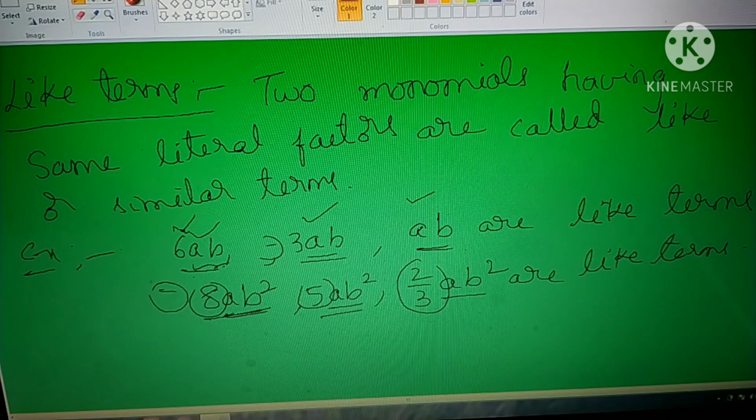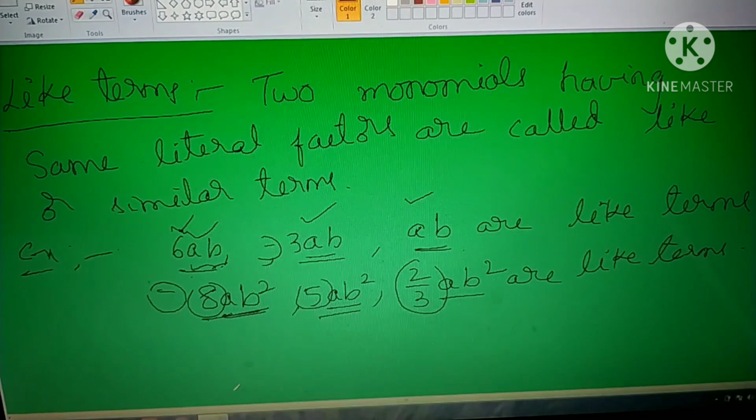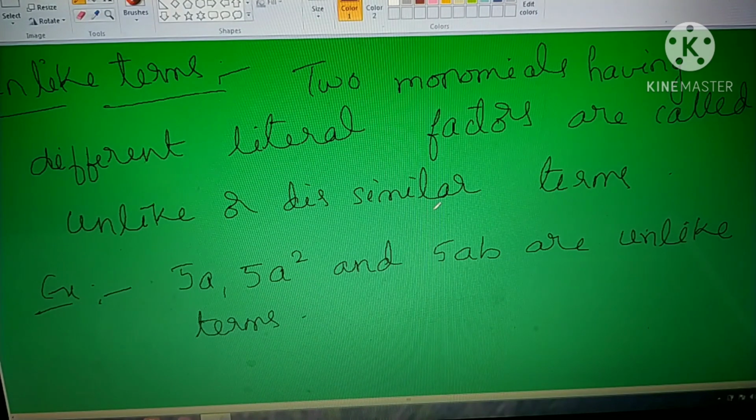So, see, this is unlike terms. Two monomials having different literal factors are called unlike or dissimilar terms. So here also, don't consider the number. Simply look for the same literal quantity. Here we have A, here A square, here AB.